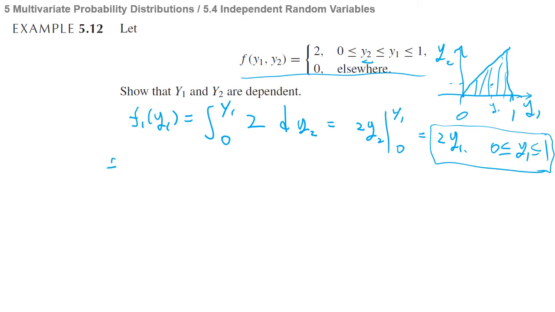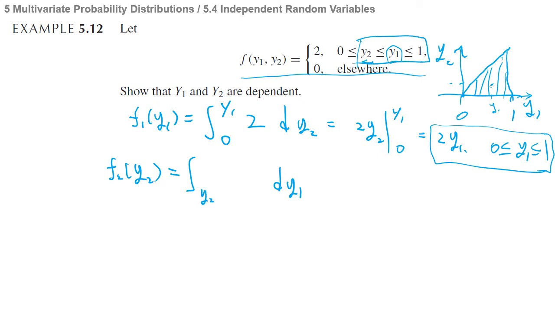And what about f2(y2)? Similarly, we are integrating with respect to y1 this time, and y1 is from y2 to 1.